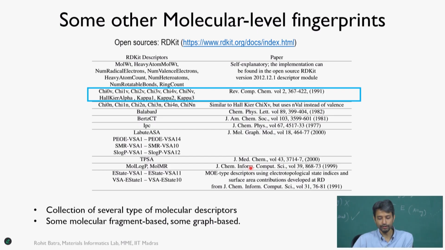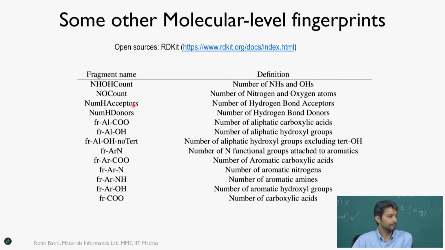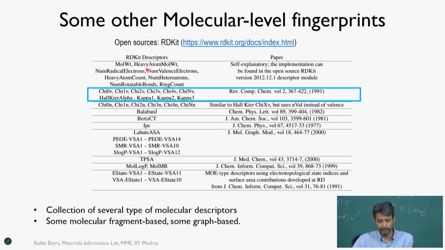We can go on and on. There are so many other fragment-counting approaches. Like you can see here, you can count something like surface area, free surface area, volume surface area. LogP is about hydrophobicity.